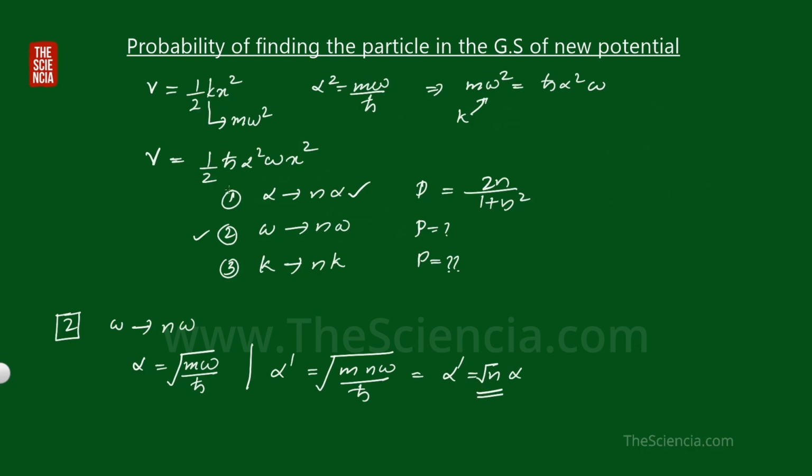In the first expression, when alpha changes to n alpha, the probability becomes 2n by 1 plus n square. Here alpha is changing as root n alpha. Therefore, the probability p for omega becoming n omega, in a similar fashion, becomes 2 root n by 1 plus n.